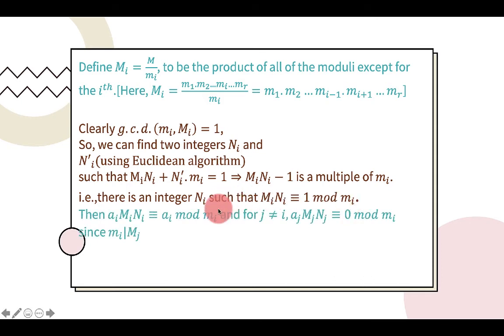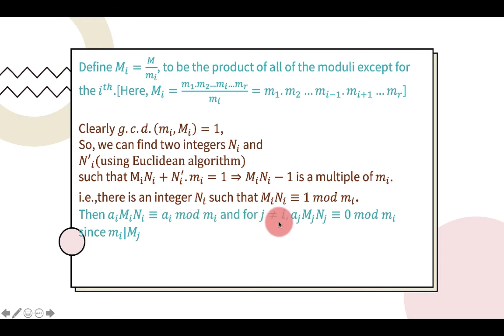Then we can observe that small ai into capital Mi into Ni is congruent to ai modulo mi, by multiplying both sides of this congruence by ai. We get this relation.